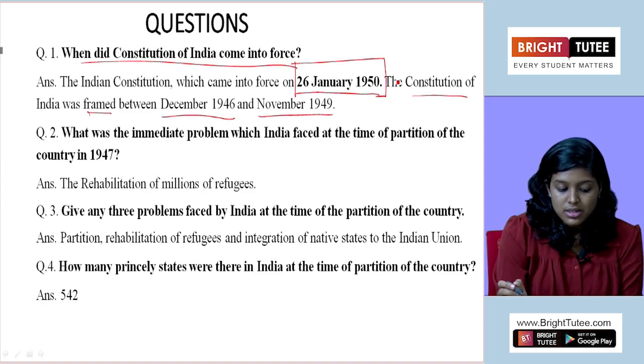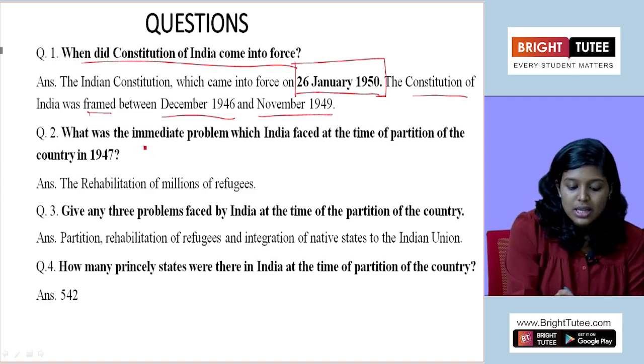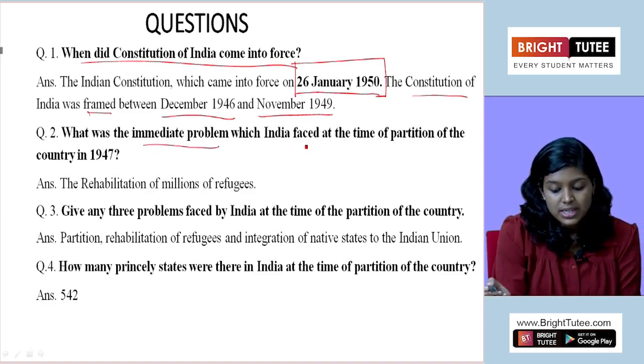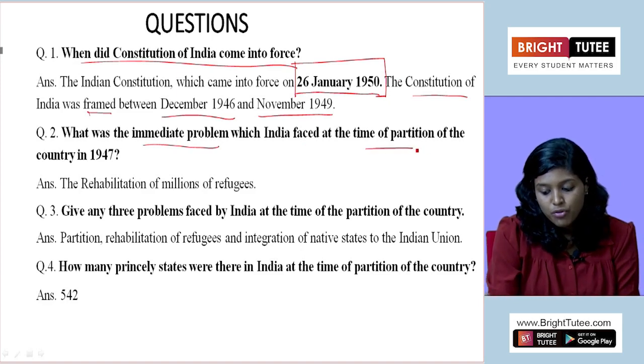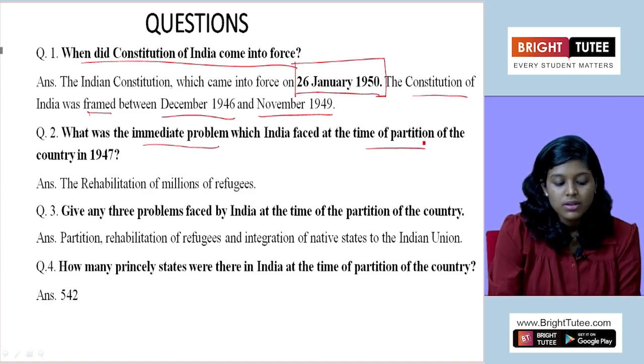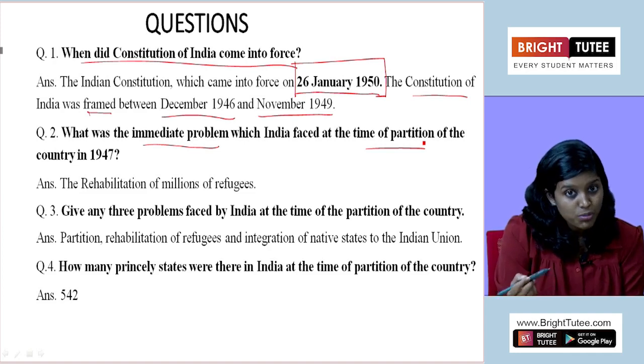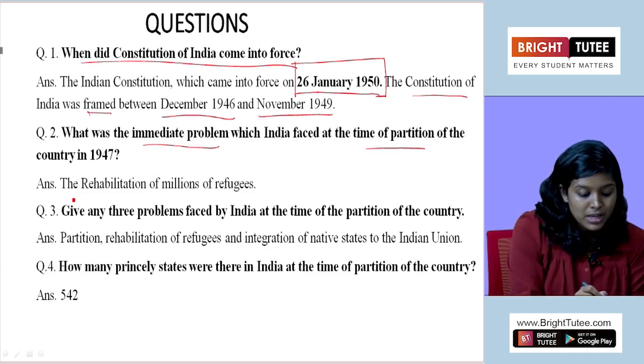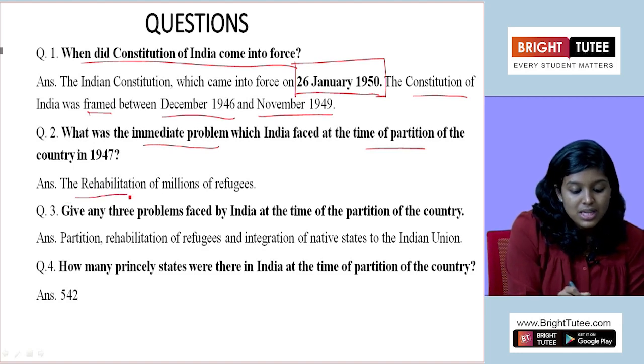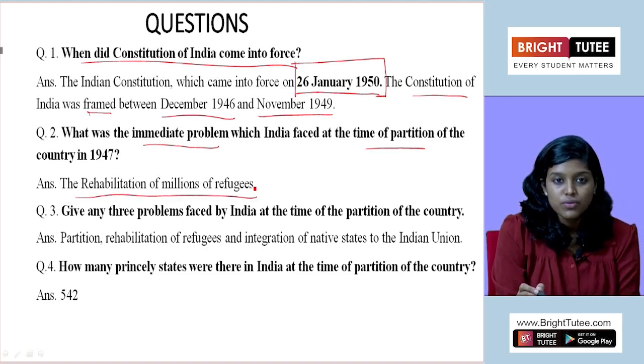Another question is: what was the immediate problem which Indians faced at the time of partition? And we have been talking about the refugees and the problem they gave birth to. So the main immediate problem was the rehabilitation of millions of refugees.